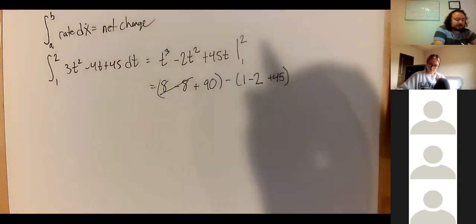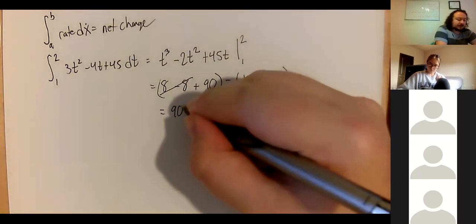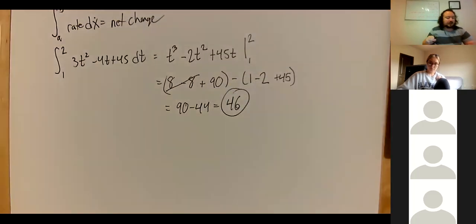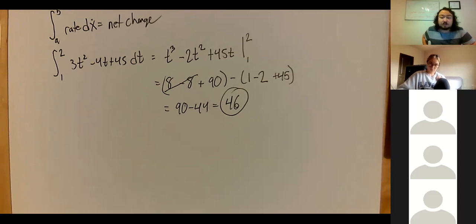All right, so these numbers cancel out. This ends up just being a negative 1. So this is 90 minus 44, which is going to be 46 here. So the amount that our number of unicycles changed during that second week was 46. So that means we need to have made 46 of them during that second week.